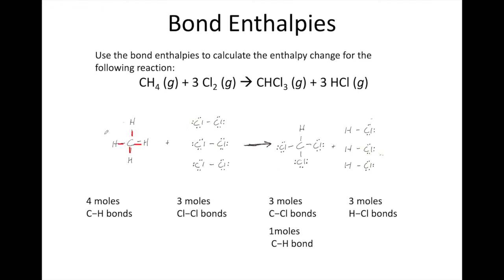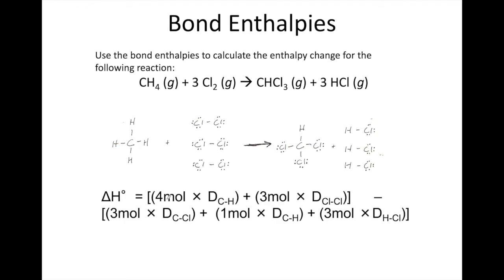So 1 mole of methane contains 4 CH bonds. I have 3 moles of Cl-Cl bonds. I have 3 moles of carbon-chlorine bonds: 1, 2, 3. And then I also have 1 mole of carbon-hydrogen bonds. And then of course I have 3 moles of HCl bonds.